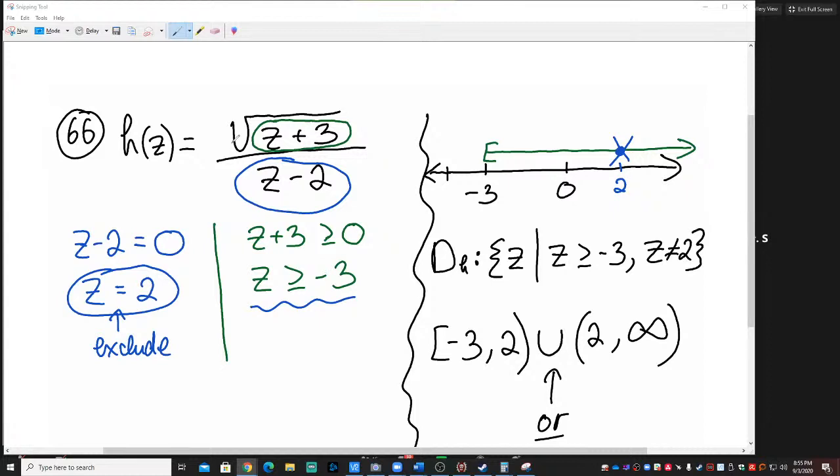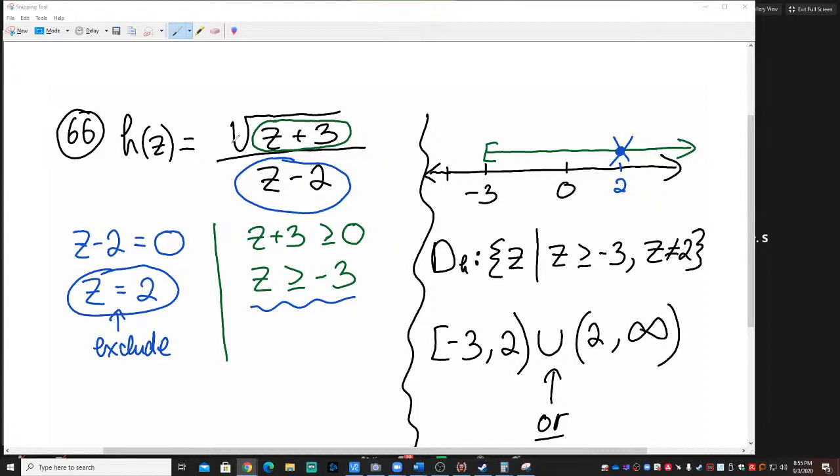So domain, all real numbers x that are in the domains of both f and g.